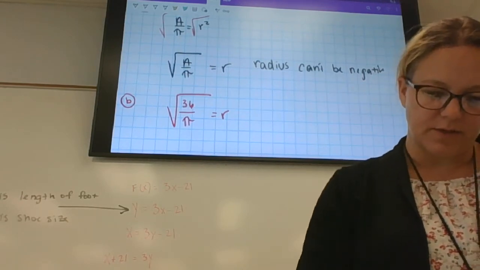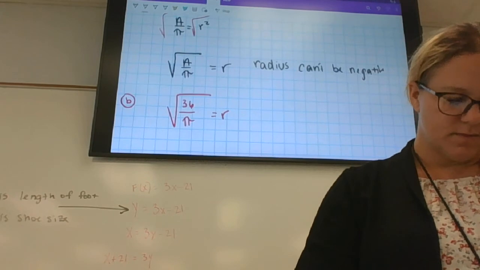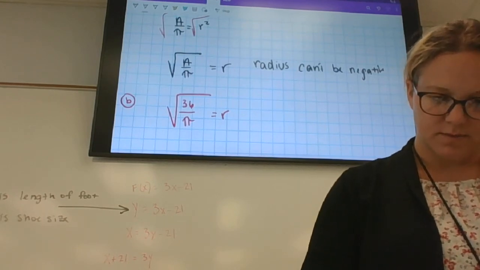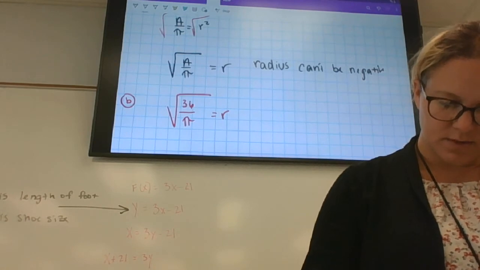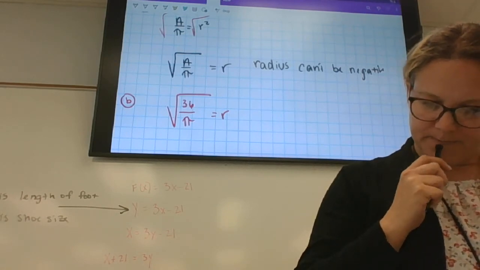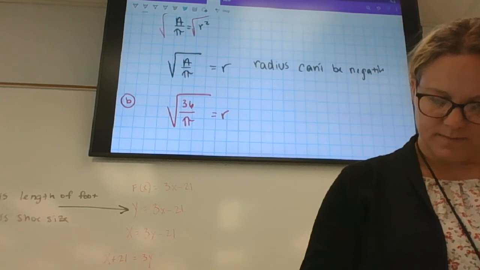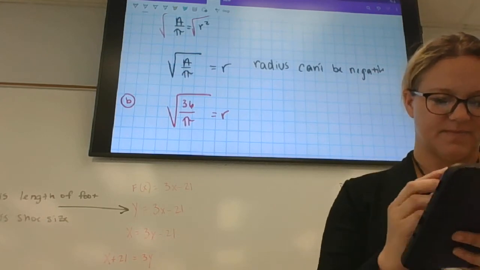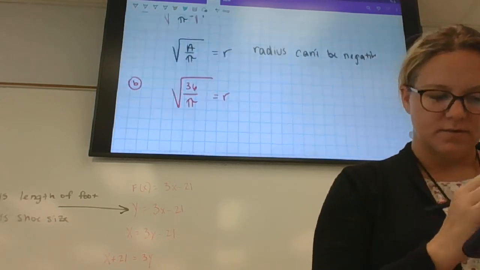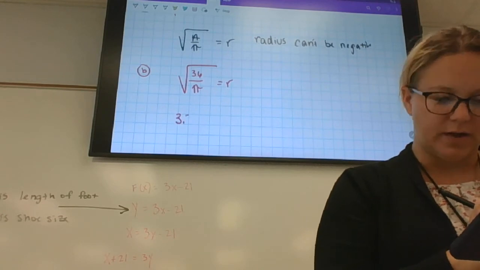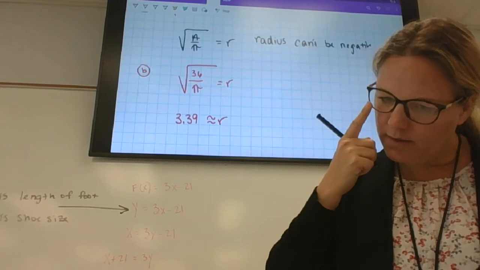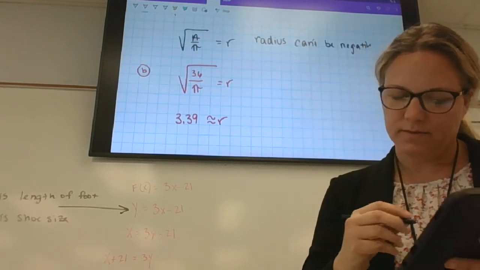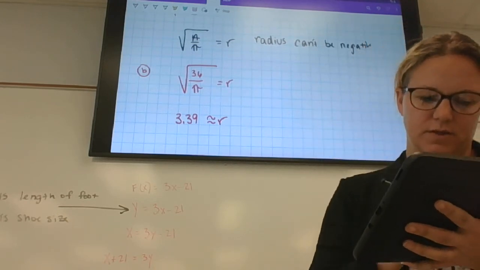Round to the thousandth. So 3.39 would be the radius. Centimeters.